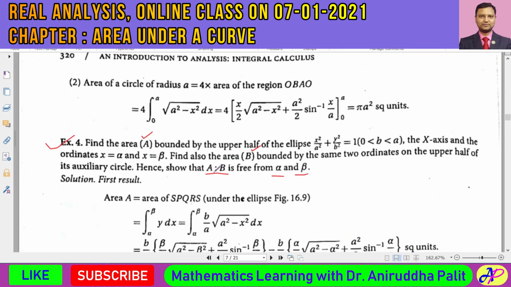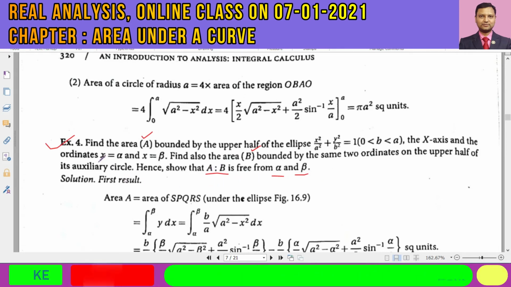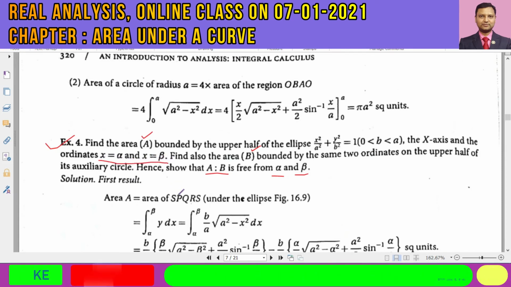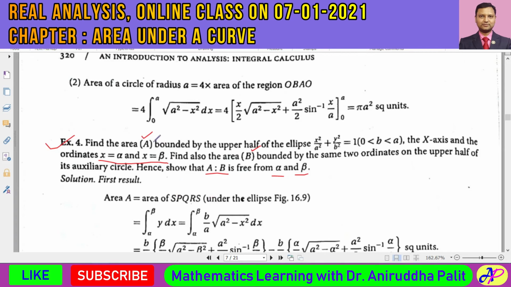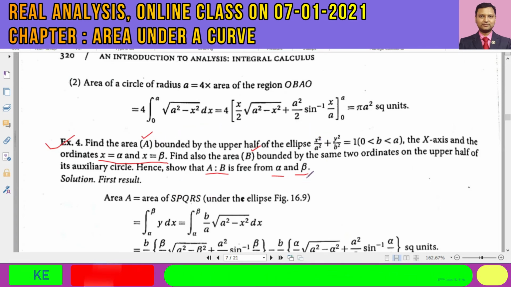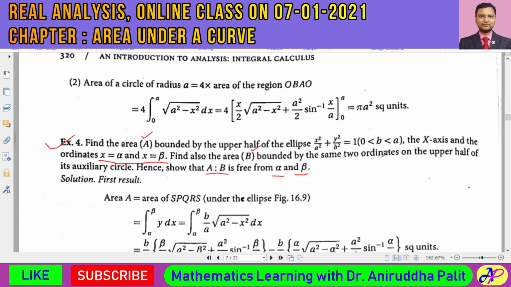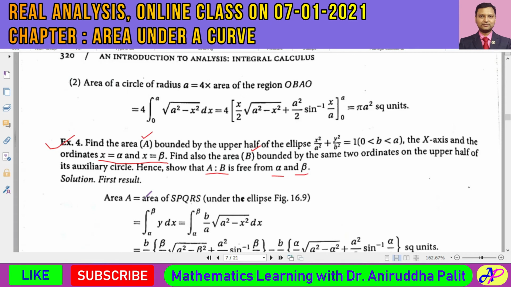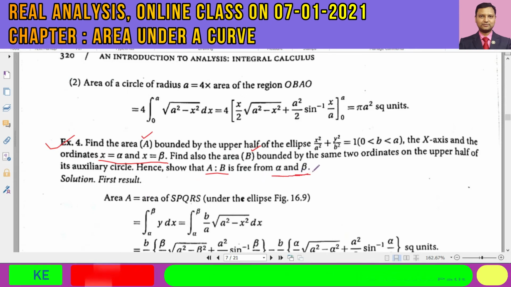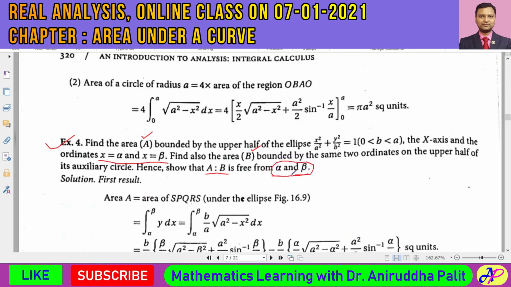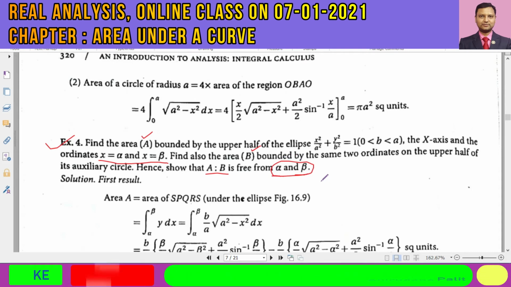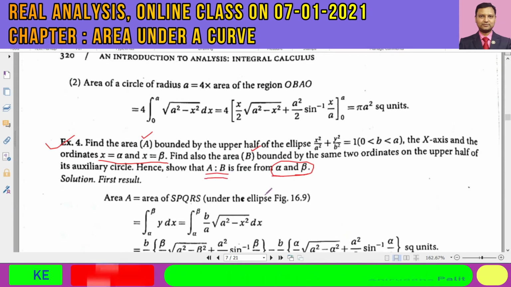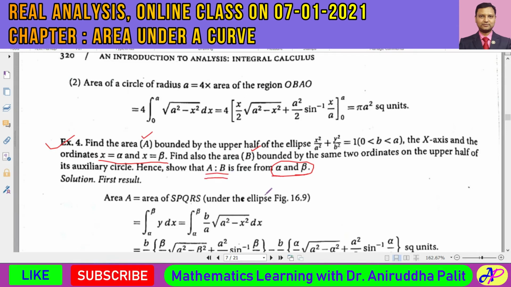Although we will consider the integration in between alpha and beta, the area under the ellipse and the area under the auxiliary circle bounded by these two ordinates, x is equal to alpha and x is equal to beta, the ratio A is to B would be free from alpha and beta. So whatever value of alpha and beta you consider, this A is to B ratio would be fixed. This ratio would always be a fixed quantity.